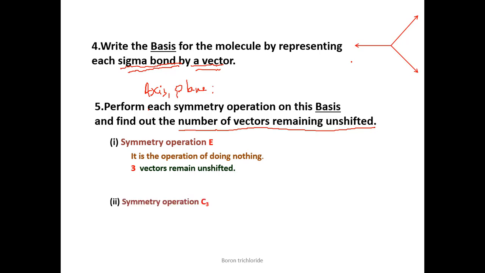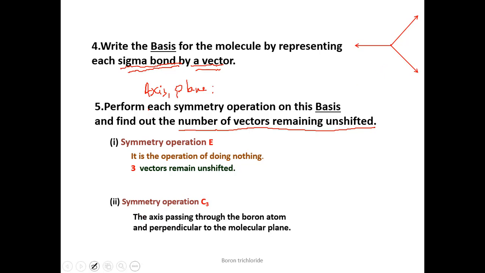Next we come to the symmetry operation C3. C3 is the axis passing through the boron atom, that is the center of the molecule, perpendicular to the molecular plane. You will find like this. This is the trigonal planar arrangement for the basis.